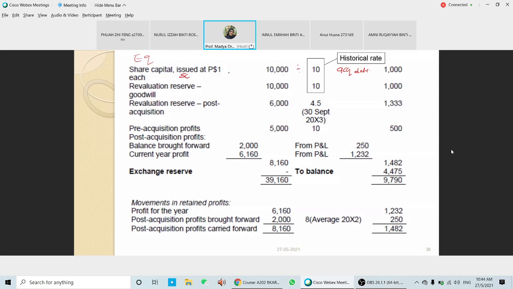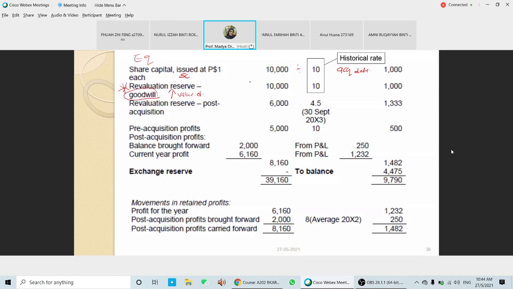Okay, look at the revaluation reserve. I put goodwill here. The goodwill existed during the acquisition date because of the increase in the value of assets. So this is considered an increase in the revaluation reserve. When you revalue the asset, the value of the assets increases.